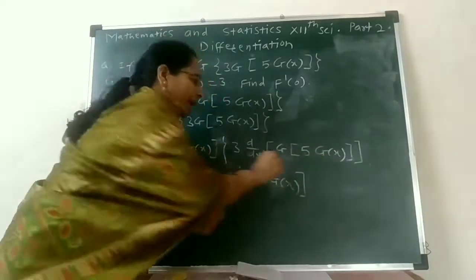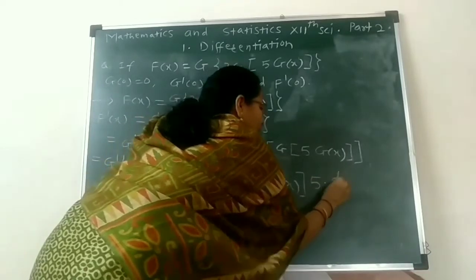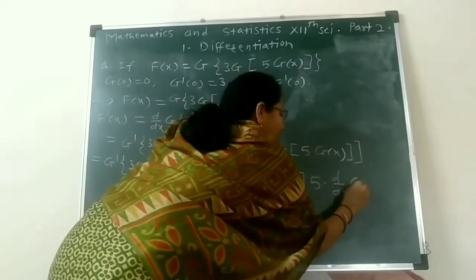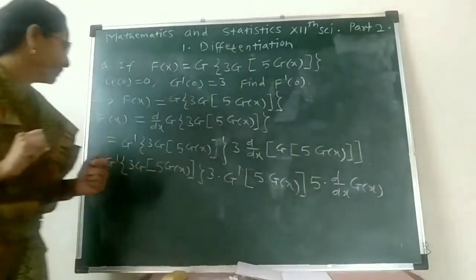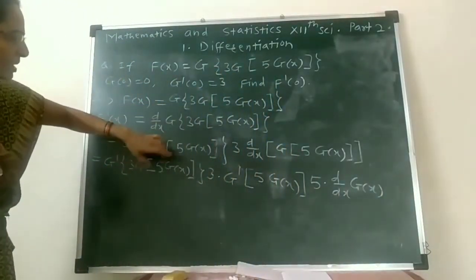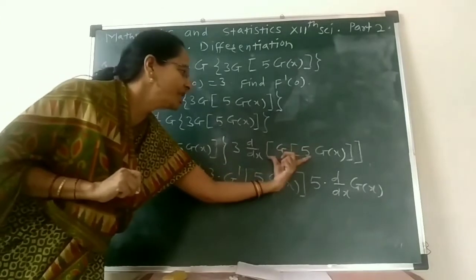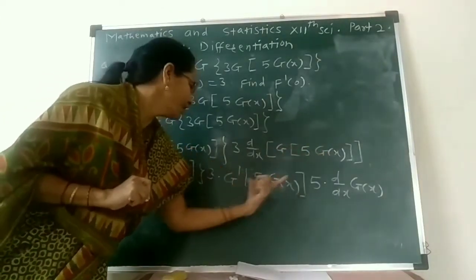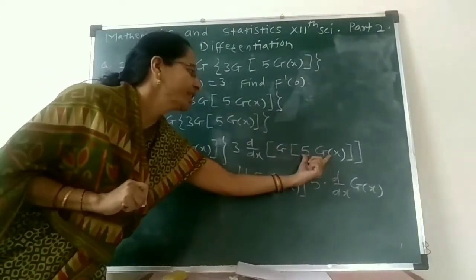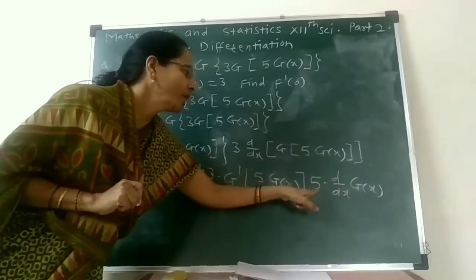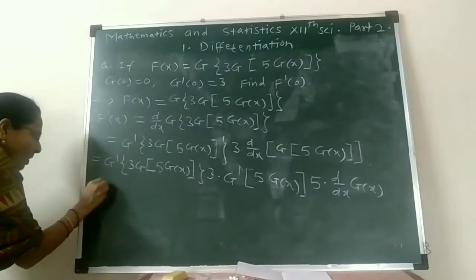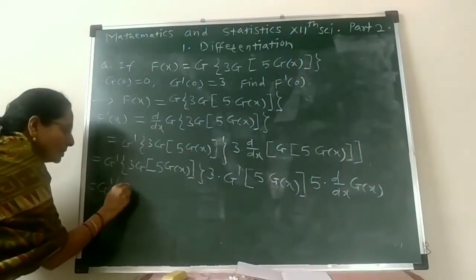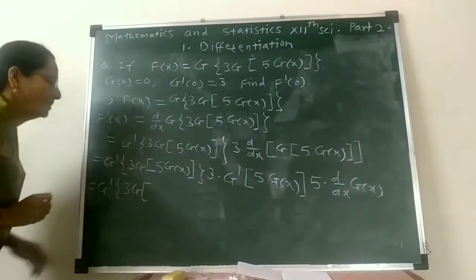So 5 take outside, d dx of gx, this term as it is, 3 into derivative of this term g dash, this term, to d dx of this term, 5 take outside, d dx of gx, g dash 3g.